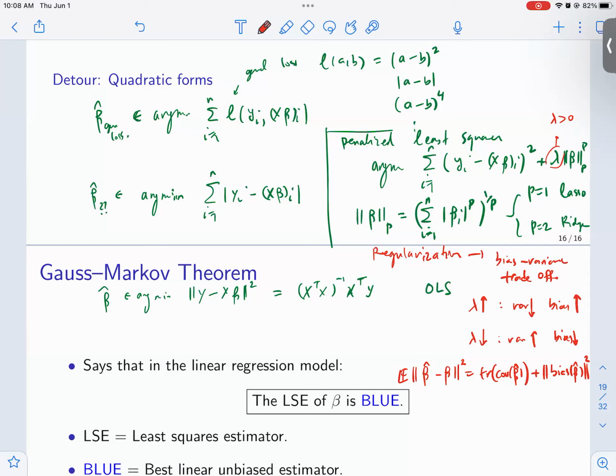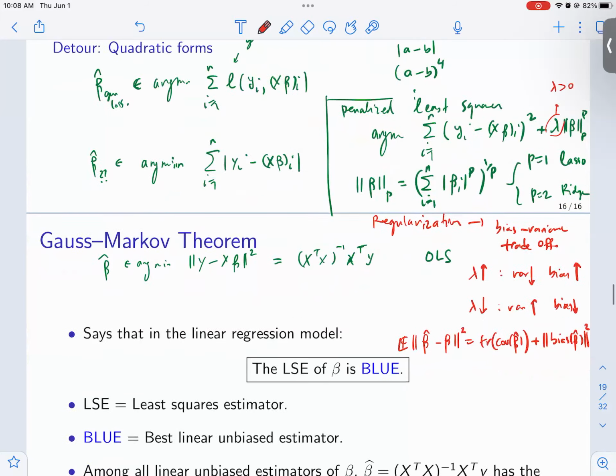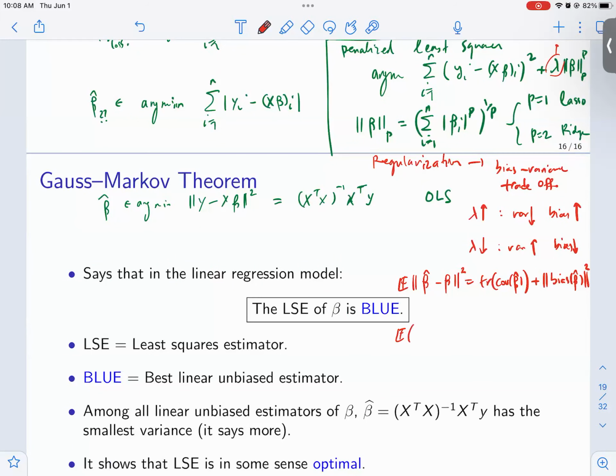But you can trade off these two. So this is related to the variances, this is related to the bias. And so if you look at the individual coordinates, expectation of beta hat i minus beta i squared is going to be variance of beta hat i plus bias of beta hat i squared.